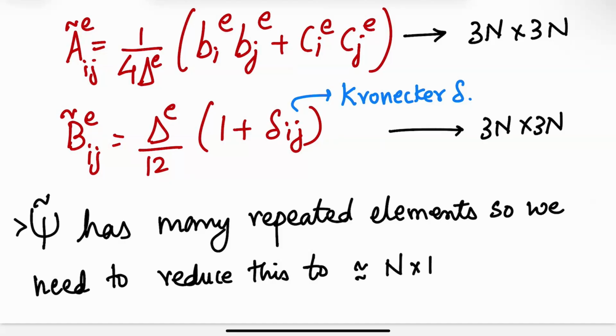So from 3n by 1 to n by 1. It's not exactly n by 1 because not all the nodes are shared. You have some nodes that are not shared, the nodes that are on the edge. So the goal is to remove repeated nodes.